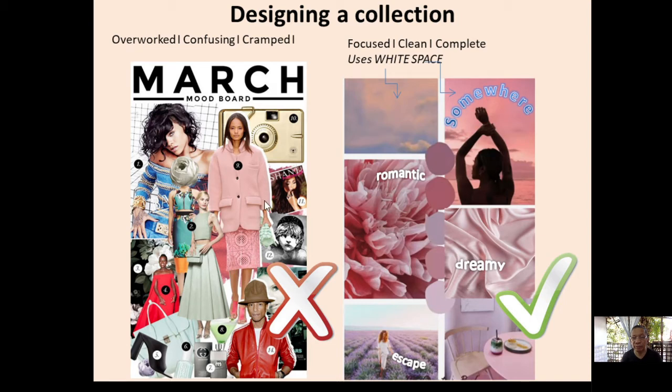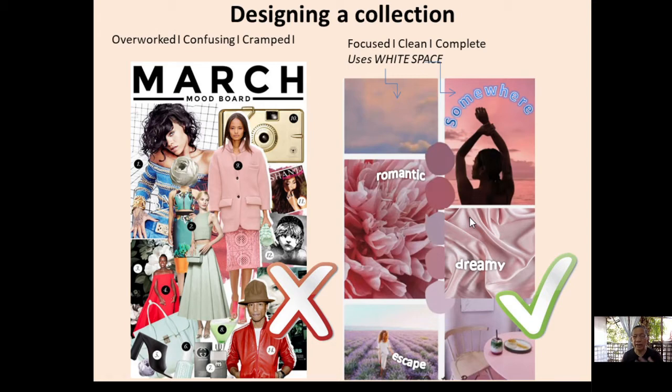But if I put in the philosophy behind the mood board, which is the inspiration for my collection, I will be able to work on it better with the mood board on the right, especially that it has the color and it has the fabric itself here. The other one doesn't have.